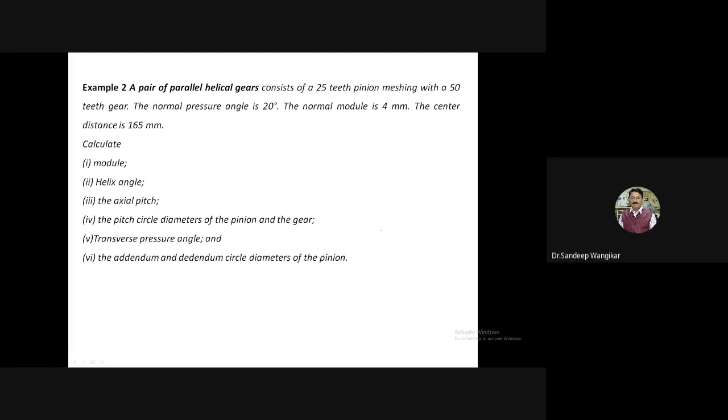A simple problem is there. So problem number 2, I will start here directly. A pair of parallel helical gears consists of a 25 teeth pinion meshing with a 50 teeth gear. Simultaneously, I will write down what is given.